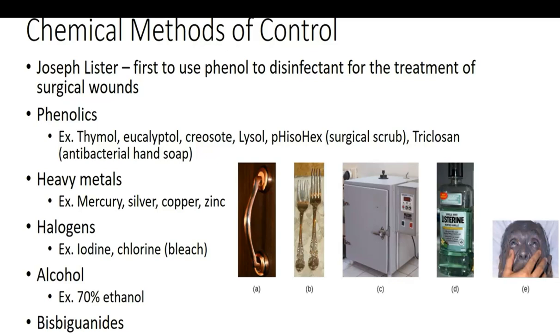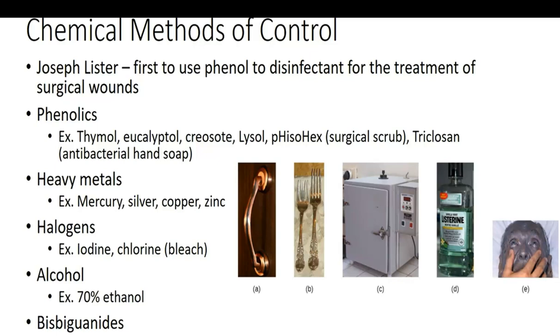Then we have halogens. In this group you have iodine and chlorine, which you know as bleach. These are very common and very important agents that are used in the house, in the hospital, and in other health related environments.